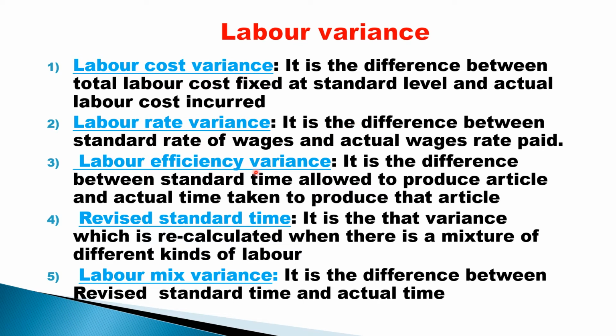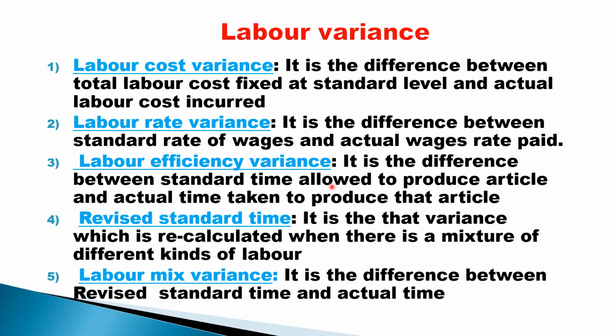Labor efficiency variance indicates the effect on the quality of completing the job. It is the difference between standard time allowed to produce an article and actual time taken to produce that article. For each task or job, we fix a time.